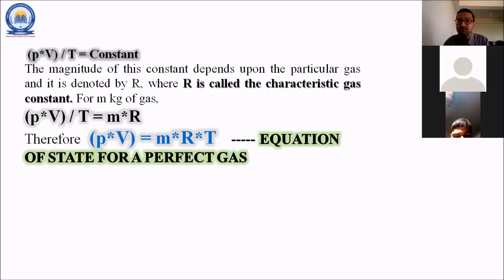So remember this equation, PV is equal to mRT, where P represents the pressure of the gas, V is the total volume of the gas, m is the mass of the gas, capital R is the characteristic gas constant, and T is the temperature of the gas.